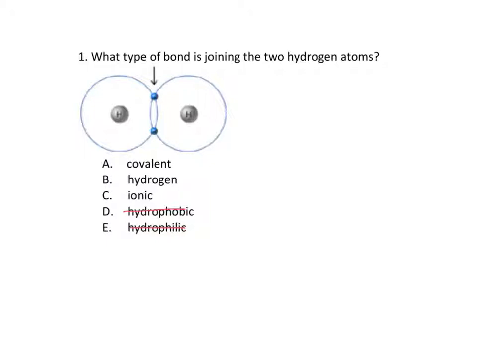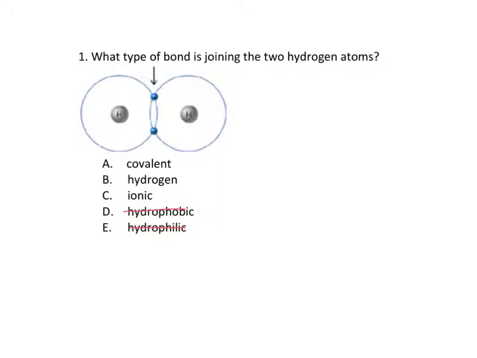A hydrogen bond is sort of like a covalent bond, but it has to do with a hydrogen atom being covalently bonded to an electronegative atom. An example of this is in the water molecule. So what results is a partial positive charge on hydrogen and a partial negative charge on the electronegative atom, oxygen, in the example of the water molecule.